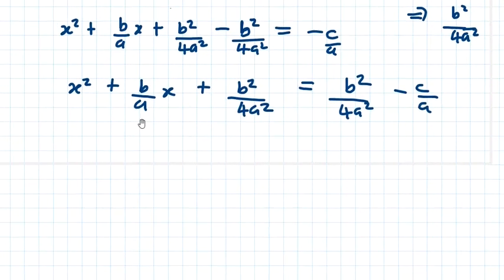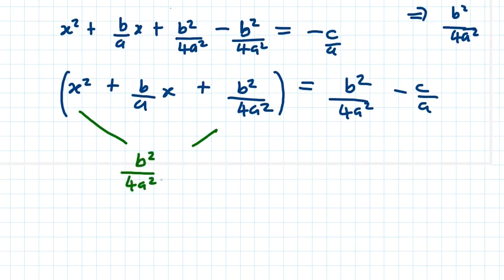Okay, so now we are factorizing. We are concerned with this part mainly. When we are factorizing, we use the ordinary procedure, where we have to find two terms which, when we multiply, give us b squared over 4a squared x squared, and when we add them, they should give us b over a x.